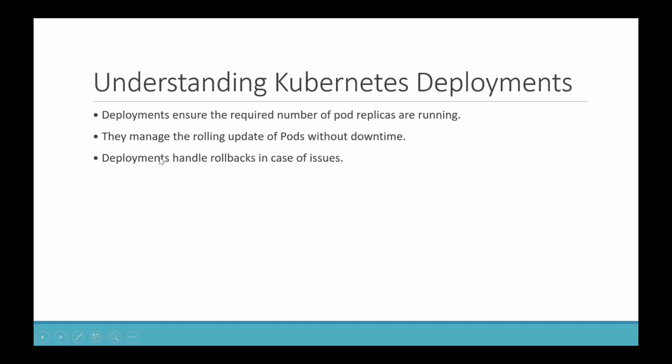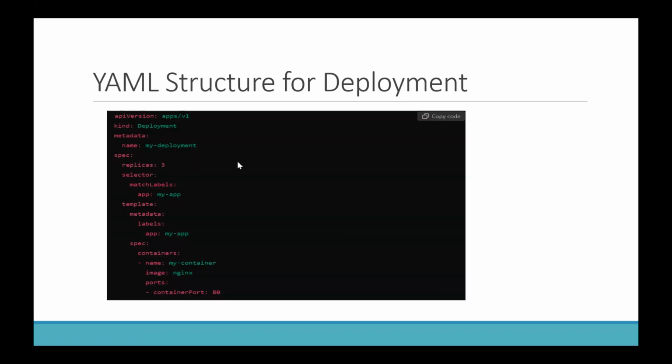Kubernetes provides the rollback feature, so you can roll back whatever you have deployed efficiently and very easily if you find issues in your updates. This is the YAML structure for the deployment.